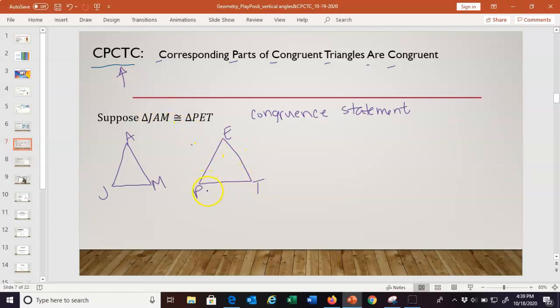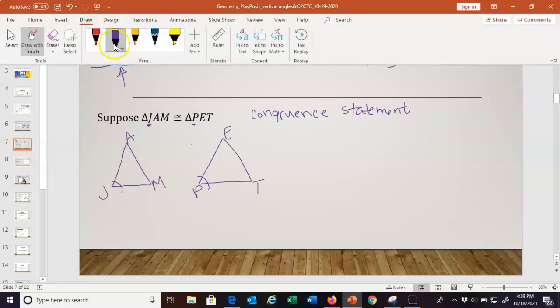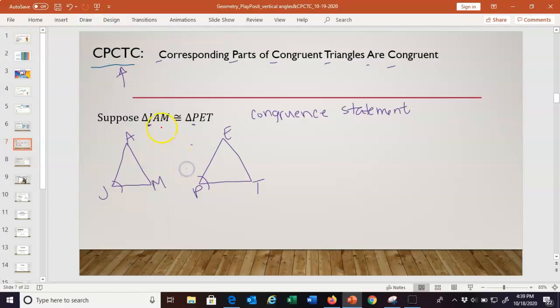Okay, so the congruence statement is super powerful. The letters match up with what matches up on the diagrams. So letter J is first here and letter P is first here. That means those angles match up. Let's keep going. I'm going to grab a different color. Letter A is second and letter E is second. So those angles match up.